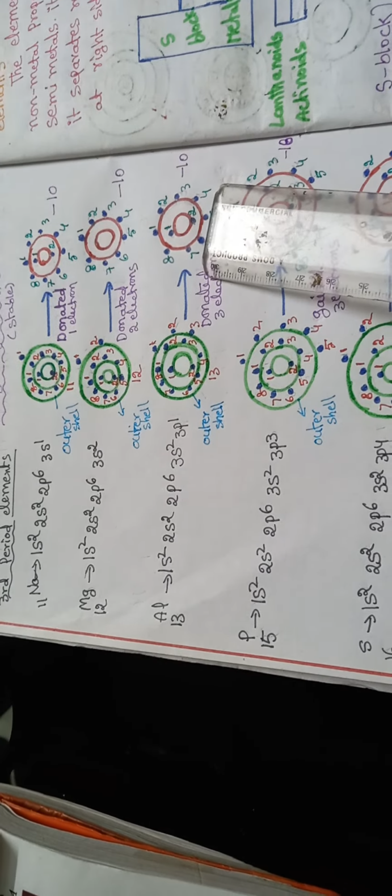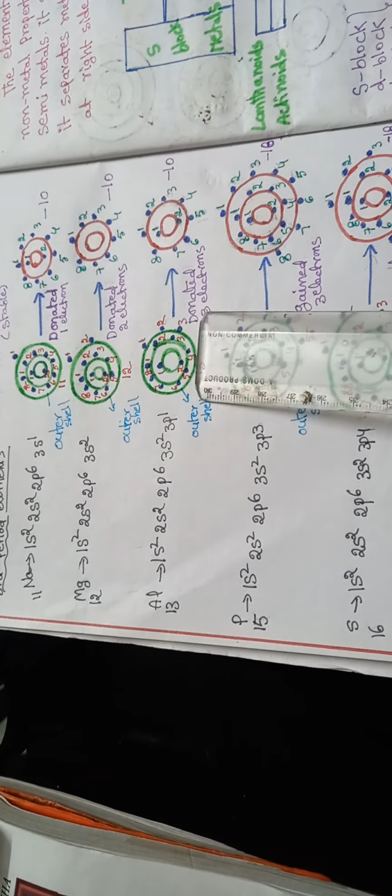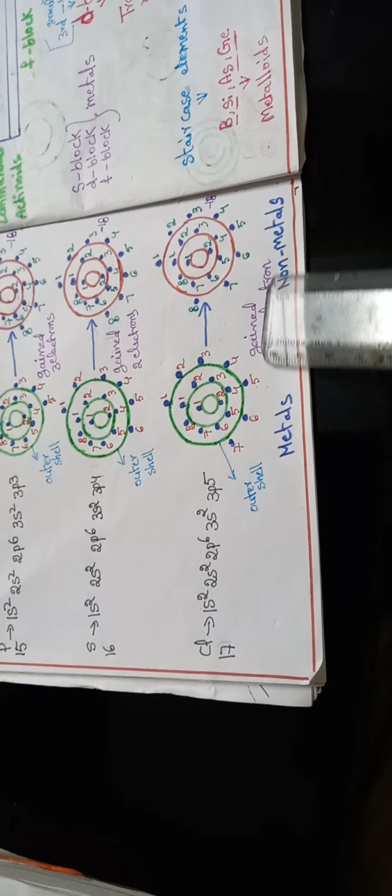The elements which donated electrons are called metals, and the elements which gained electrons from other elements are called non-metals. Metals donate electrons to other elements. Non-metals gain electrons from other elements.